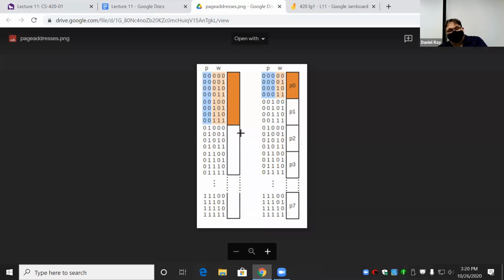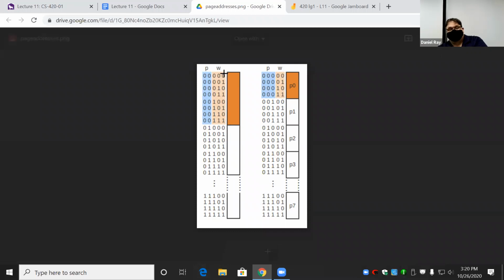If I take the leftmost 3 bits, then I am dividing up the entire memory space into pages that are 1, 2, 3, 4, 5, 6, 7, 8 words long, okay?